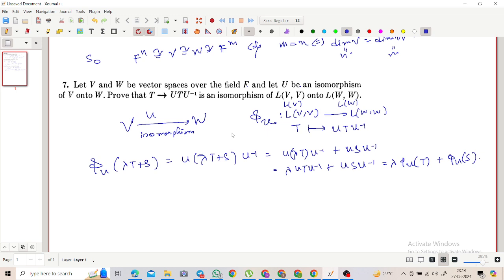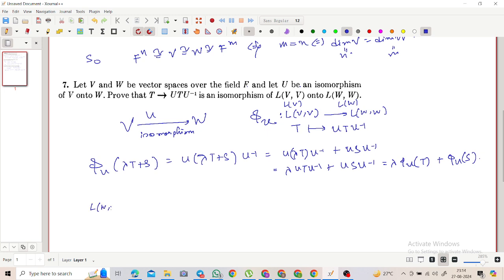Please, at least you should be able to contribute why phi U should be an isomorphism. What should be its inverse? There's supposed to be an inverse, no? What about this?